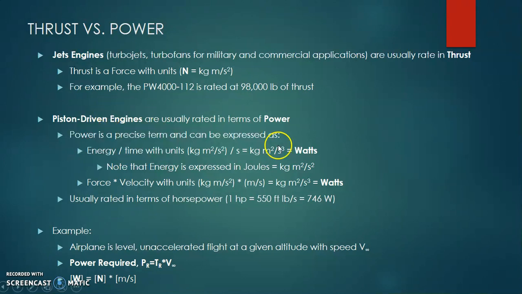Piston driven engines in power are always rated in watts or kilowatts, or in HP if it is a BS unit. Right? So that is the importance. Let us take one example. When aircraft is in level, which has no acceleration in the flight, which means simply the aircraft is moving in a straight line without any acceleration, the components, as we saw, are resolved, and so there is no requirement of the thrust.